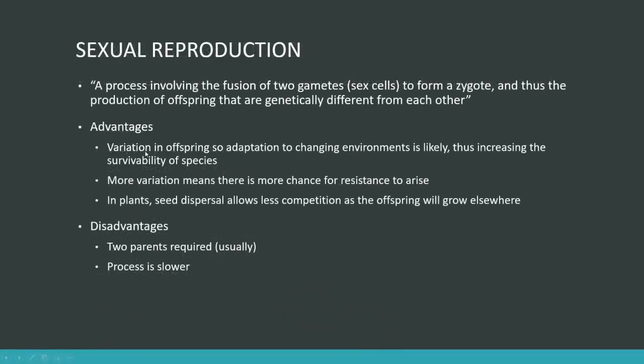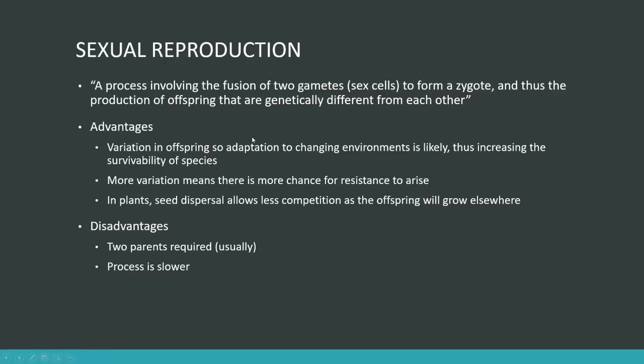But in sexual reproduction, which is obviously the main topic, it's a process involving the fusion of two gametes, and gametes are just another word for sex cells, and they form a zygote, and therefore they produce offspring that are genetically different from each other, and that's really good because the main advantage of sexual reproduction is that it produces variation, and variation is good because it just means that you have more adaptability to changing environments, and therefore the survivability increases.